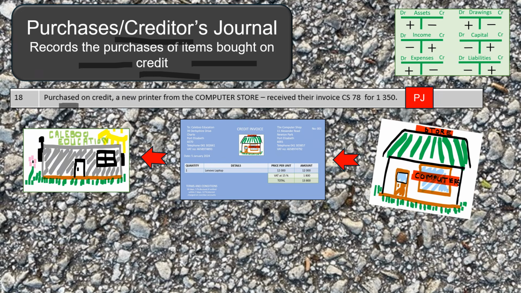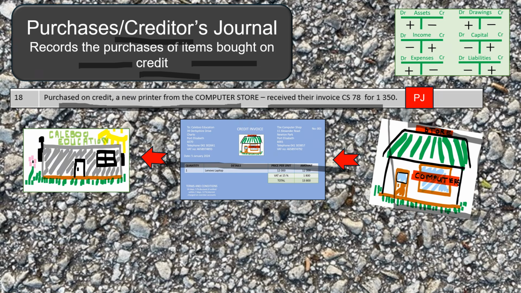For example, purchased on credit a new printer from our supplier, the computer store. They sent an invoice to Calibu CS78 for 1,350. It goes into the purchases journal or the CJ, which is the creditors journal.